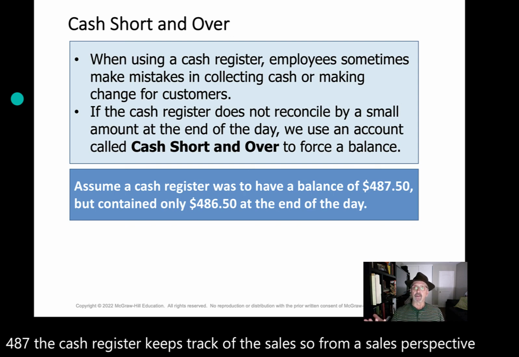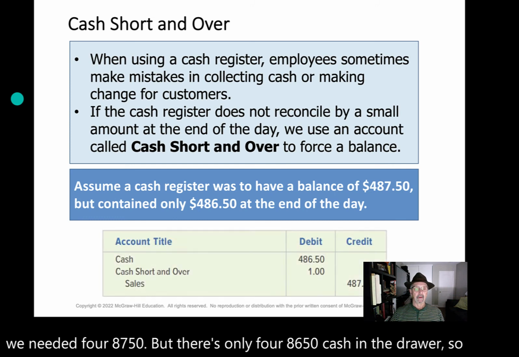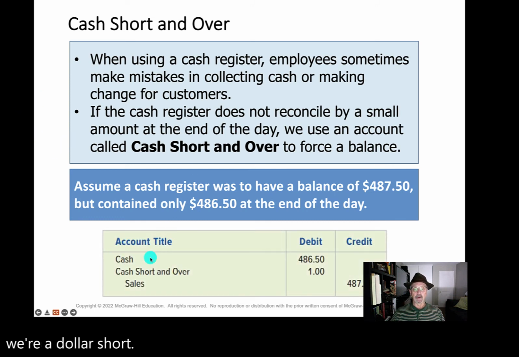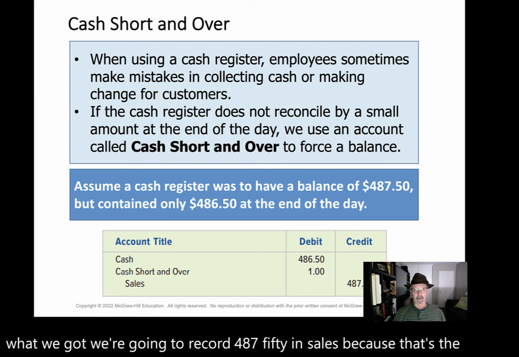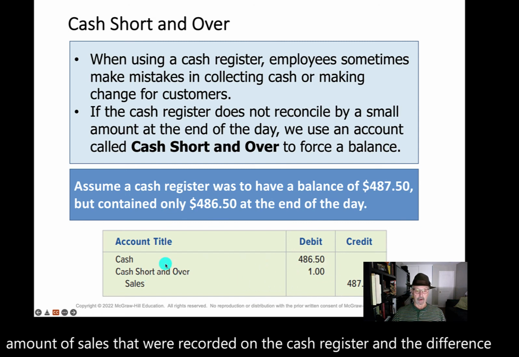So we're $1 short. The way we record that, we're going to record cash at $486.50 because that's what we got. We're going to record $487.50 in sales because that's the amount of sales that were recorded on the cash register. And the difference is going to be a debit to cash short and over for $1.